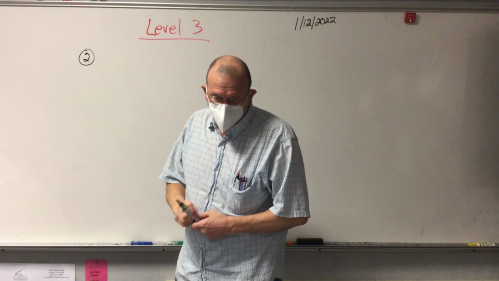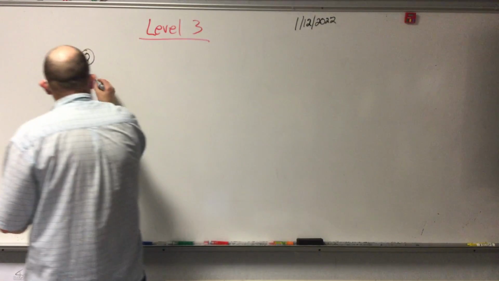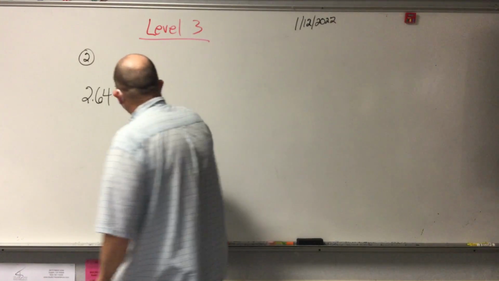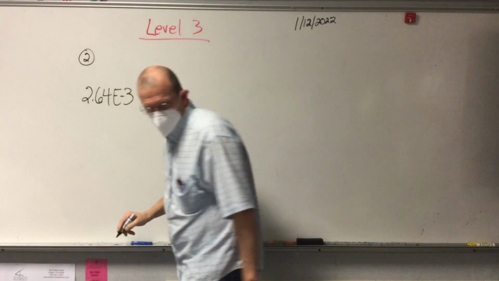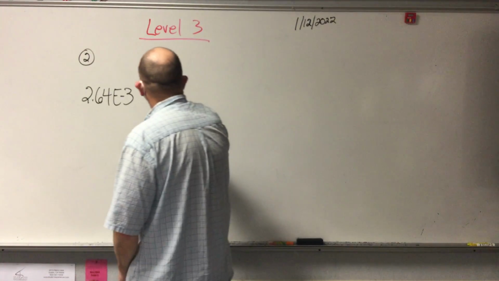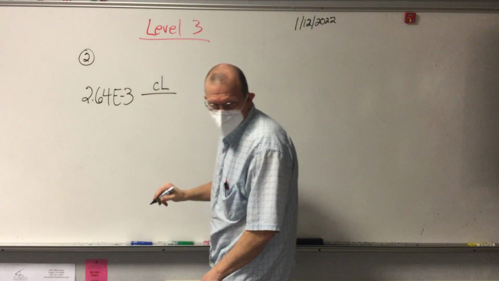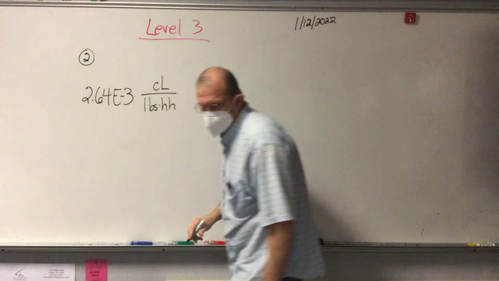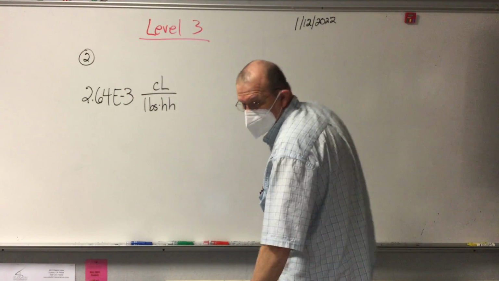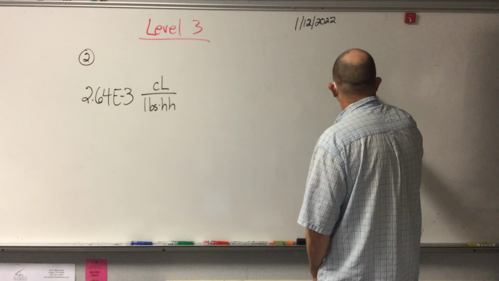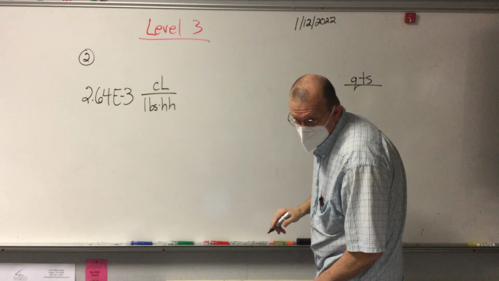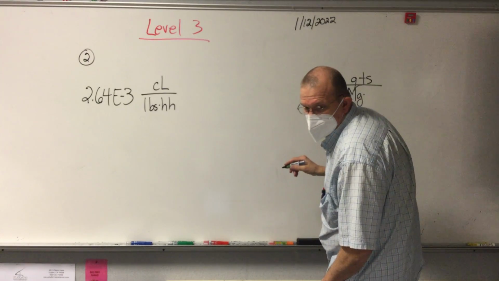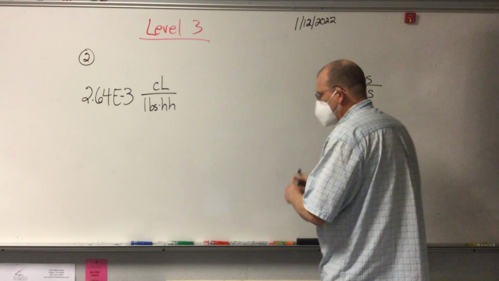All right, so number 2, we have, I'll write it here, 2.64 e negative 3, and then we have this over this times this, and what we're supposed to get to or convert to is quarts over megagrams times seconds.